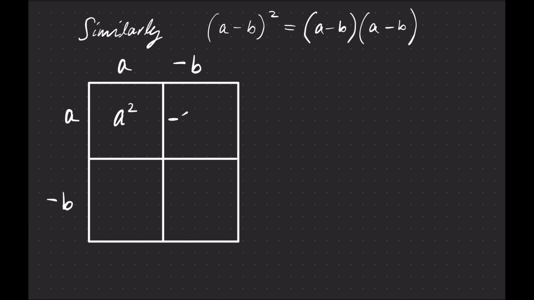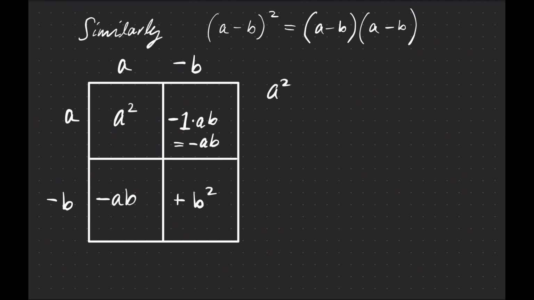So we have a negative 1 times AB, which is the same as minus AB. And then isn't this square the exact same? It's a minus B and an A. So it must be the exact same thing. It's going to also be minus AB. And then here, guys, we have a negative B. So there's a negative 1 here and a negative 1 here. Well, negative 1 times negative 1, that's a positive 1. And then we'll have a b squared. So same thing here. We'll actually get a plus b squared.